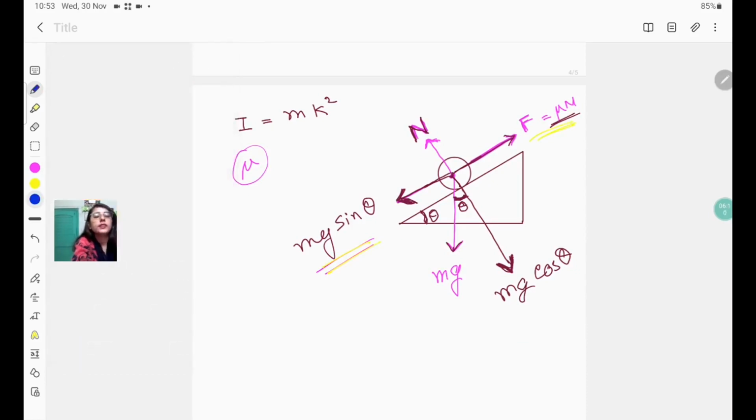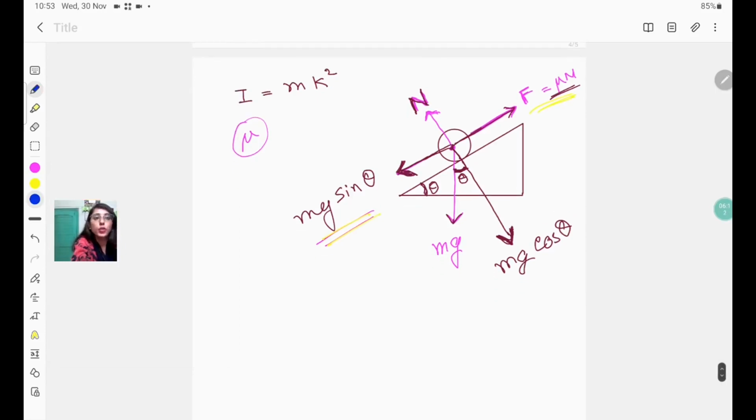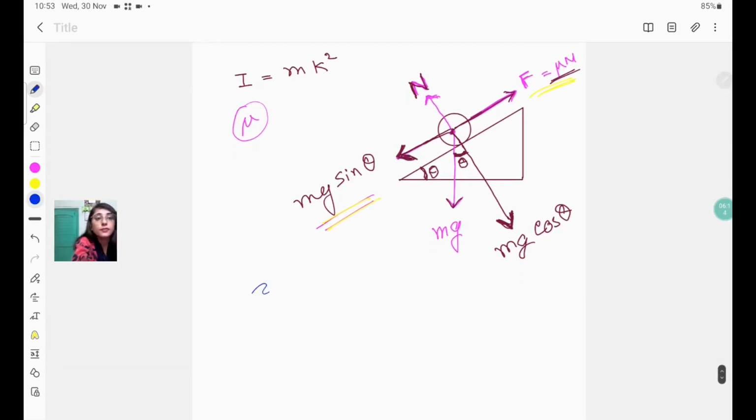So finally the body will come rolling down due to the resultant force.